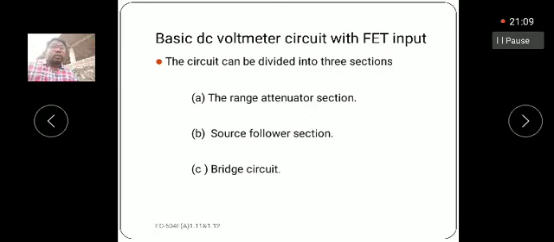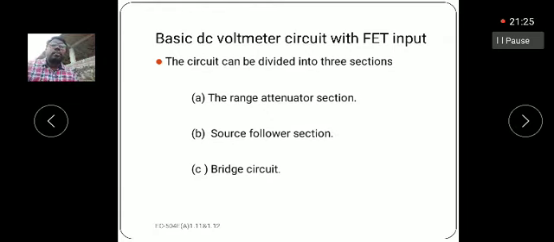Also, to attenuate the gate current, a high resistance is connected across the FET gate terminal.